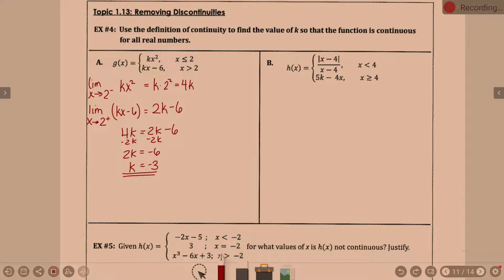Now, I'm trying to look at how I wrote my final answer here. Try and remember.